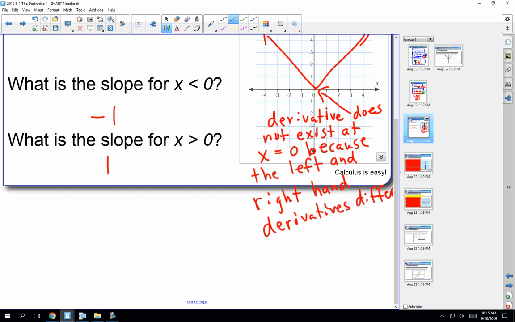There's one like this in the assignment, but they're both linear functions. So all you're doing is looking at m on the left and m on the right and noticing, oh, they don't match. So therefore there's no derivative there.